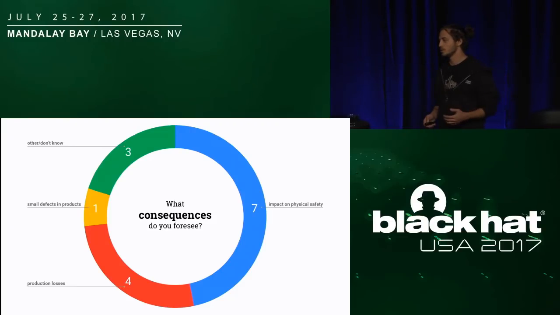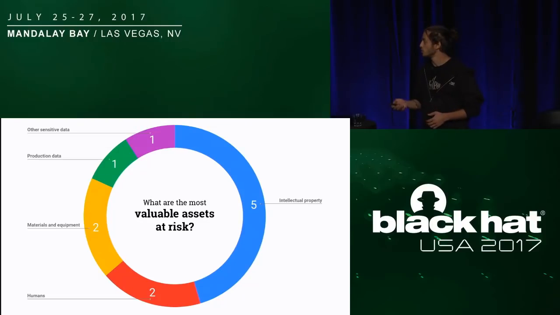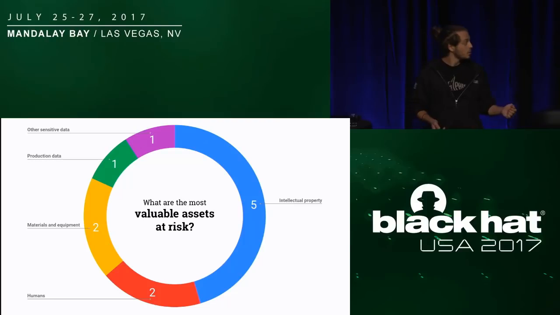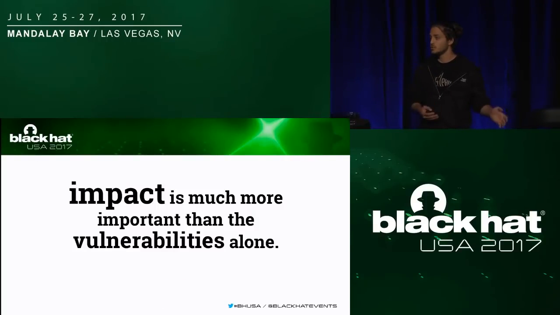The other question that follows is, of course, what are the most valuable assets at risk? Well, they are, of course, intellectual property. On the controller, there's code that is specific to a certain production, so this might be part of the intellectual property of the business. But they also cared for humans and for materials and equipment. So, as you have seen in the last few slides, the impact is much more important than the vulnerabilities alone.